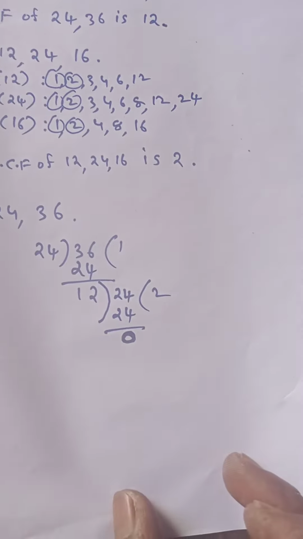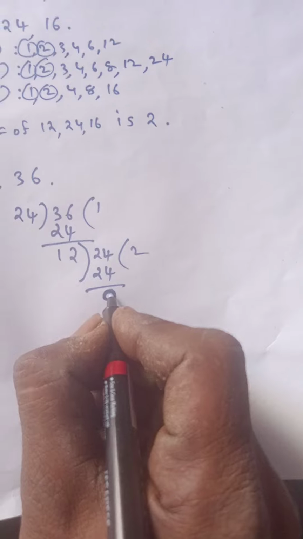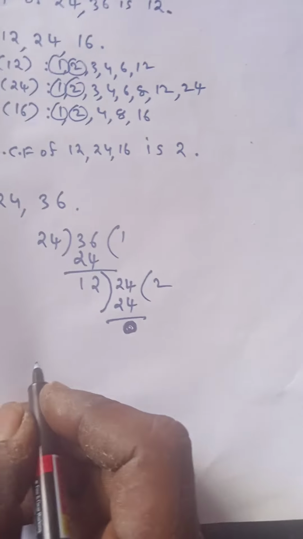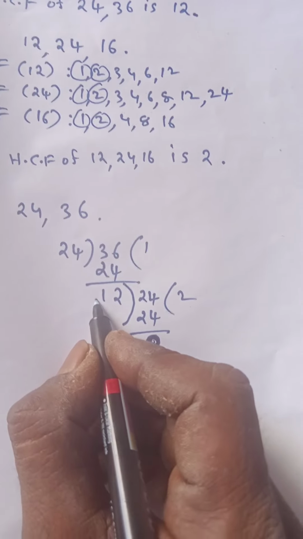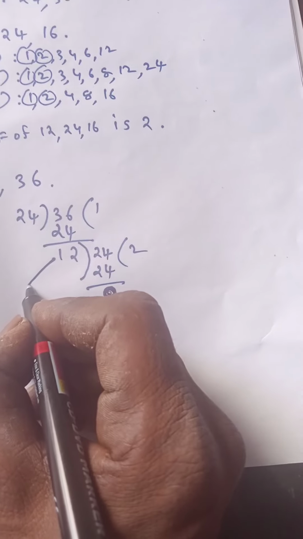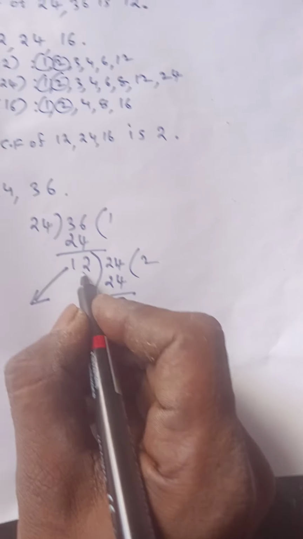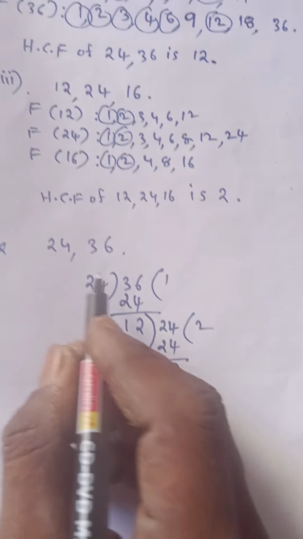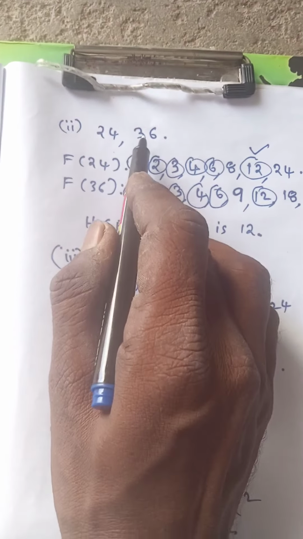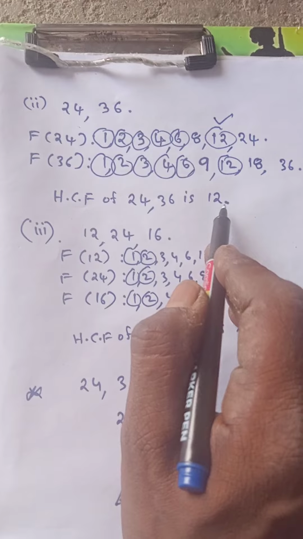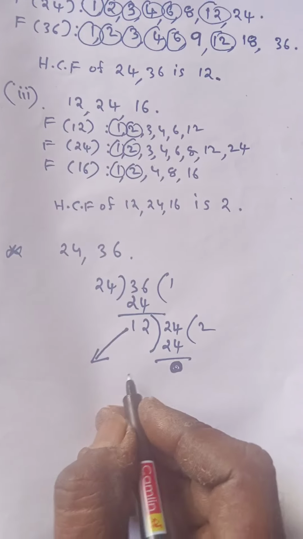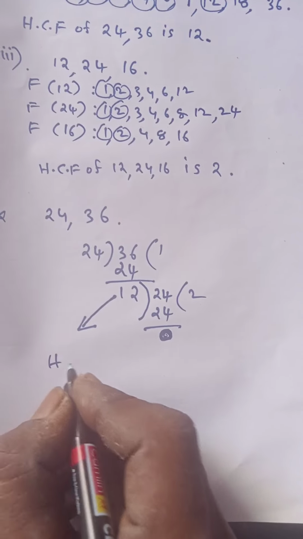So in the final step the remainder is 0, so stop. Whatever the last divisor is, that will be the HCF of 24 and 36. By writing the factors also, it is 12 only. In the division method also, the HCF is 12.